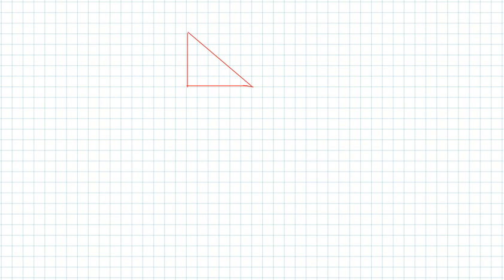Let's say this side is a 3, and this is a 4, and I want to find what this is. Whenever I have this case, I have a right angle triangle, check.